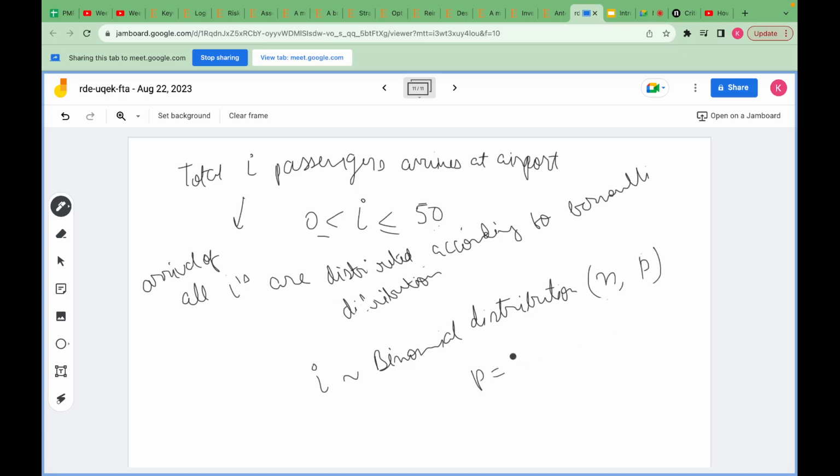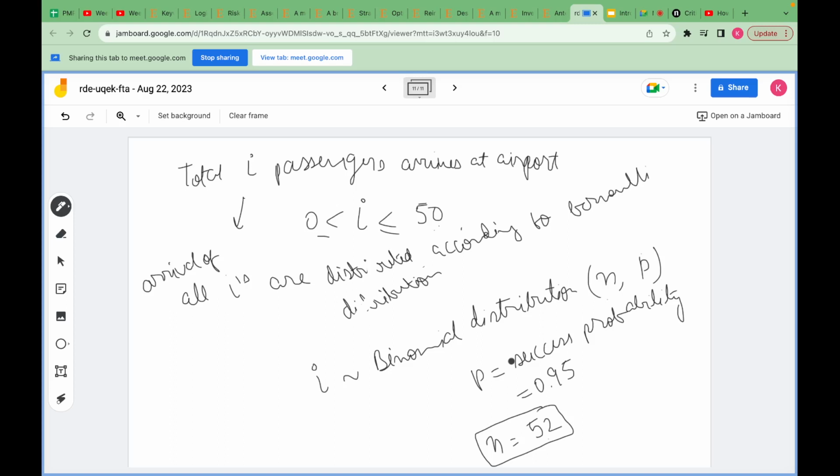Here p is the success probability, and success here means that they will arrive at the airport, which is 0.95, and n is the total number of tickets, which is 52.